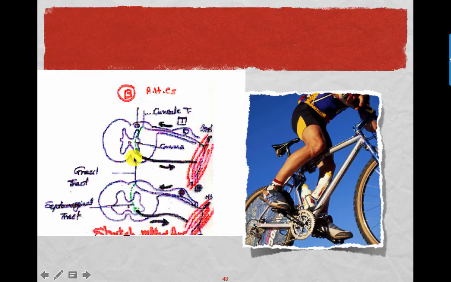These fibers are called septomarginal in case of the gracile and comma-shaped in case of the cuneate tract, and this is one of the short tracts that will complete the stretch reflex arc and maintain the muscle tone, and this will be discussed with the short tracts.